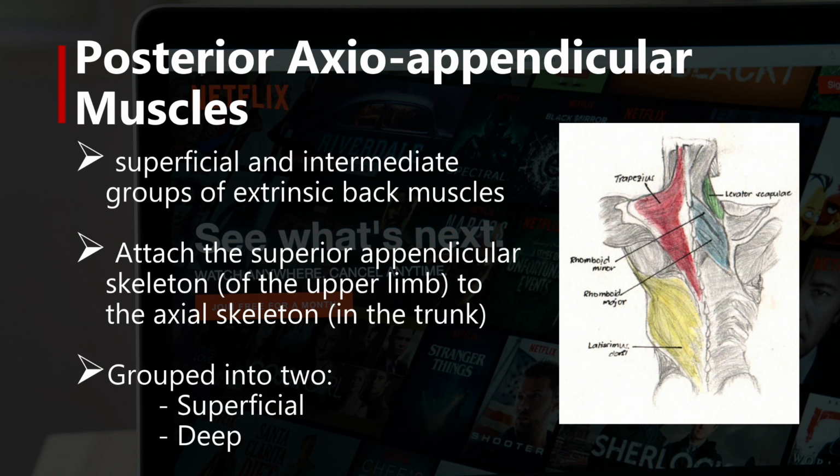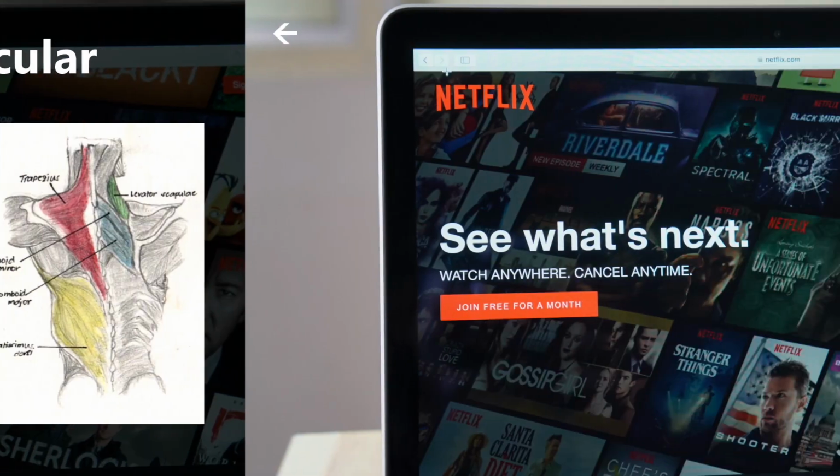It is attached to the superior appendicular skeleton of the upper limb to the axial skeleton in the trunk. It has 2 subgroups: the superficial posterior axio-appendicular extrinsic shoulder muscles and the deep posterior axio-appendicular extrinsic muscles.